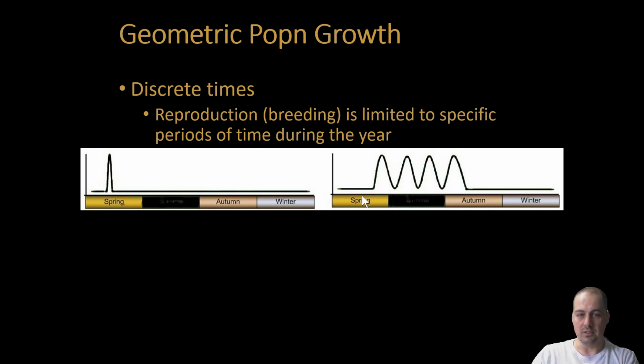The idea for both of these, though, is that if you have one or even a number of breeding seasons during the year, they are discrete and they will produce one generation for this entire year, and this generation will not overlap with the generation produced the previous year or the next year. This is referred to as non-overlapping generations.